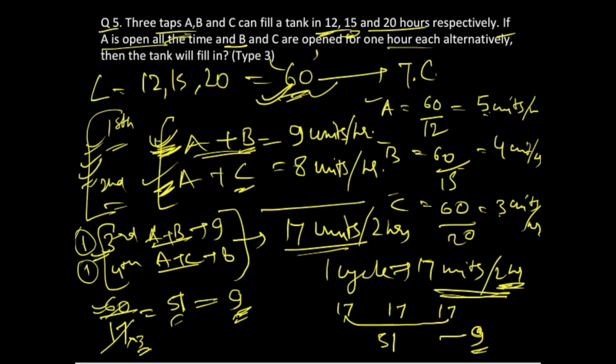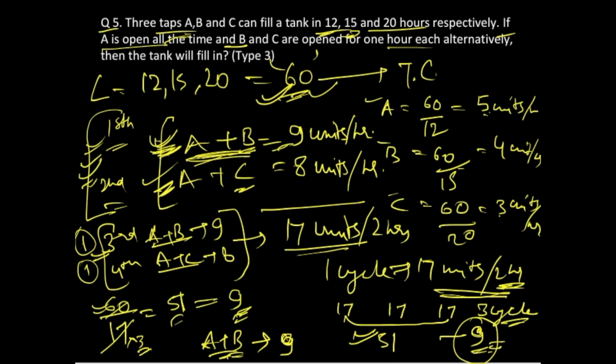Now you should also write 3 cycles over here so that you don't forget. So now you know that 9 units of the tank are remaining, right? You know that in every cycle A plus B is working in the first hour. So after the completion of these 3 cycles, A plus B are going to come and work, and A plus B are combinedly filling in 9 units. So in the next cycle, that is the first half of that cycle, 9 units of work is being done by A plus B, and 9 was the remainder in our earlier step.